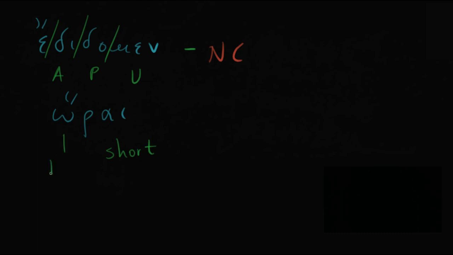The penult is long. If you have a long penult and a short ultima, you can only have a circumflex accent here. So the acute accent is not correct. Once again, this is not correct.